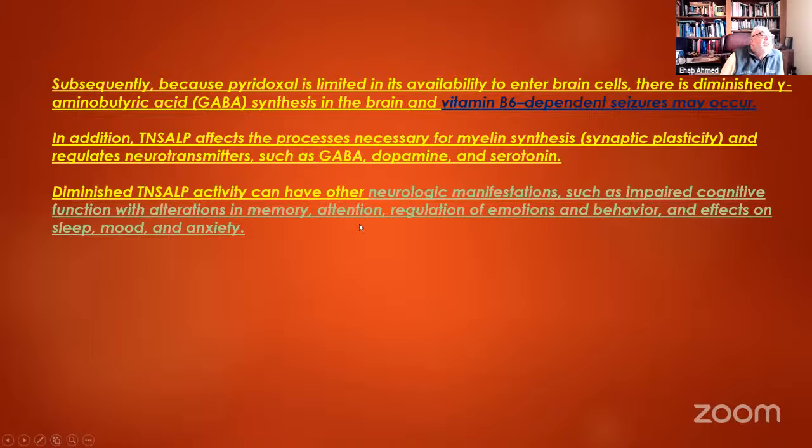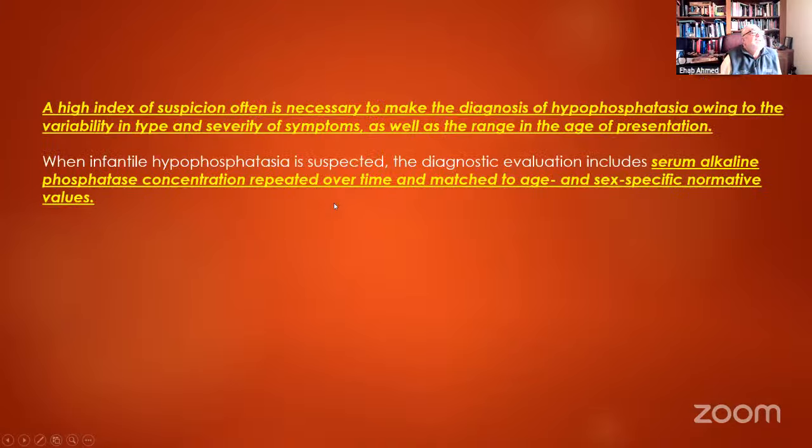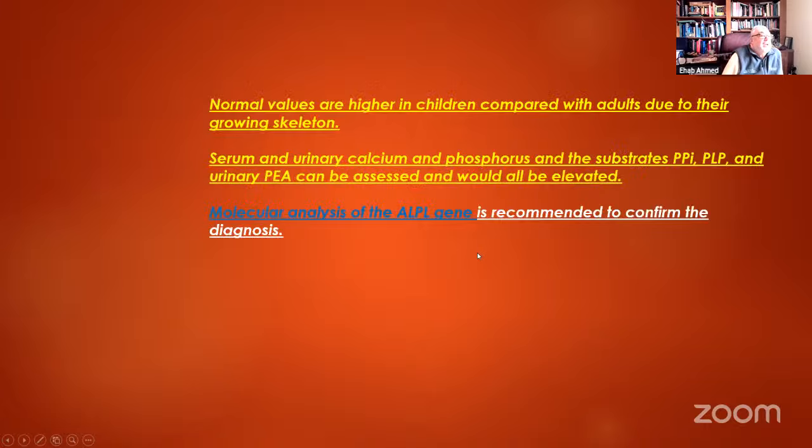Memory, attention, regulation of emotions and behavior, and effects on sleep and anxiety. He is describing like 50% of our population. A high index of suspicion, yes, you should have a high index of suspicion when you have such presentations.